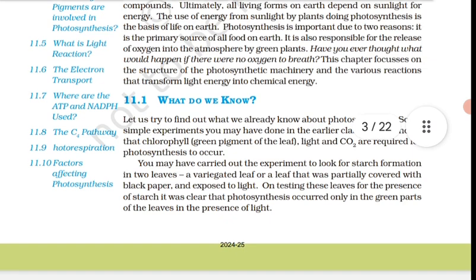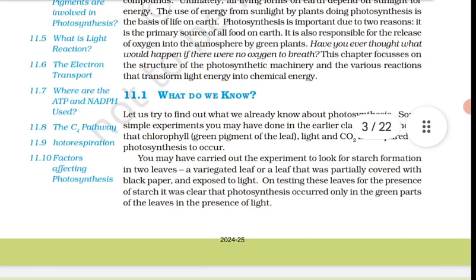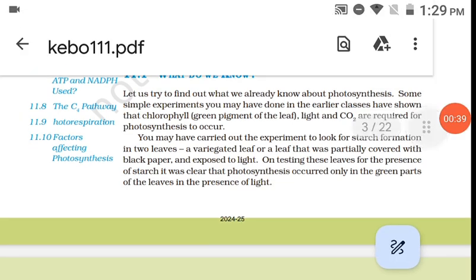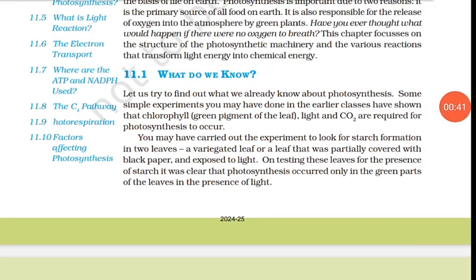Green plants carry out photosynthesis, a physicochemical process by which they use light energy to drive the synthesis of organic compounds. Ultimately, all living forms on earth depend on sunlight for energy. The use of energy from sunlight by plants doing photosynthesis is the basis of life on earth.